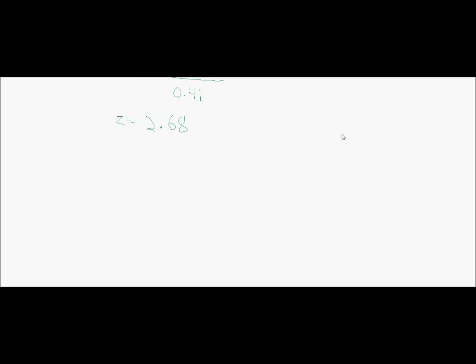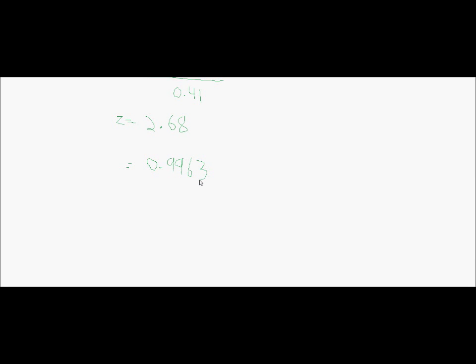And then you go to your z-score table and you find the value of a z-score of 2.68, which equals 0.9963.